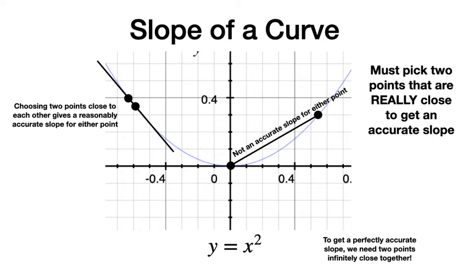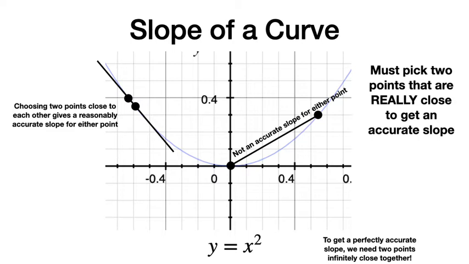So if you look on the right, you can see these 2 points that are not really close together, and the slope between them is kind of an okay-ish approximation of the slope, but it's actually really pretty far off for either point. On the left-hand side, though, you've got 2 points that are pretty close together, and so the line between them pretty much accurately represents the slope, but again, it's not exact. It's a reasonably accurate slope, not the actual slope.